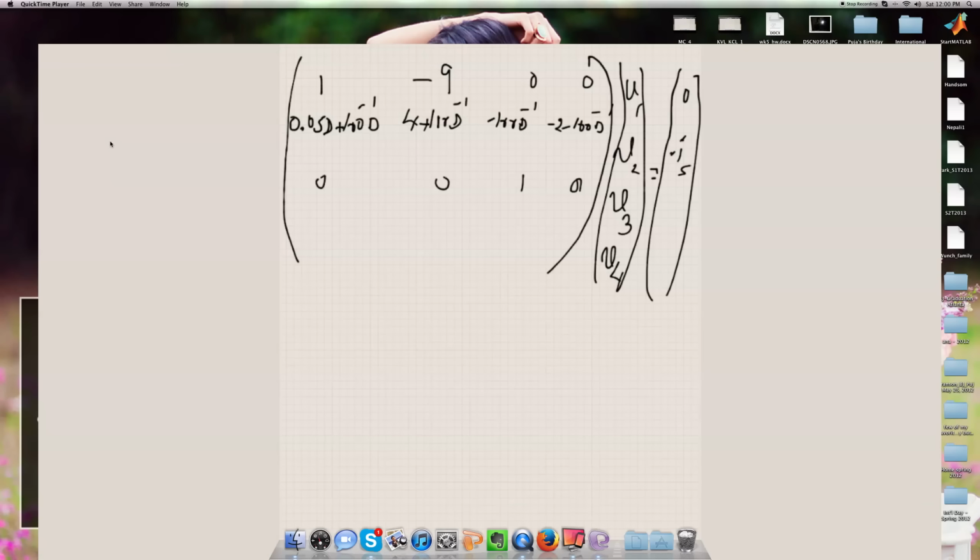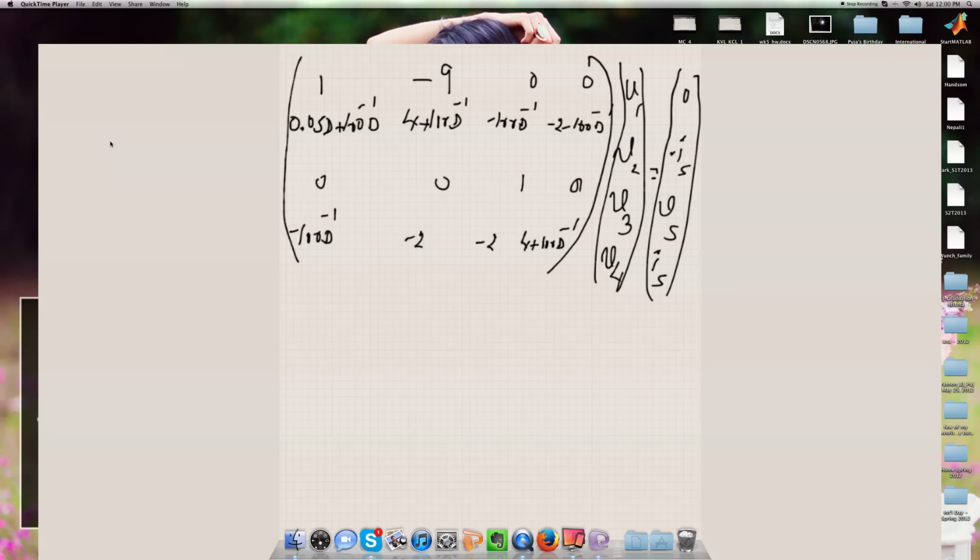That will give us V sub s. Again, a little bigger number, minus 100 d minus 1, minus 2, minus 2, 4 plus 100 d minus 1, I guess.